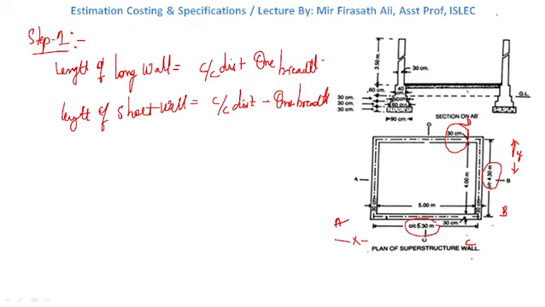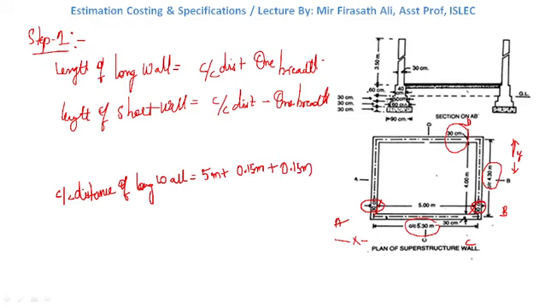How have we got the center to center distance of long wall? It is nothing but the inner to inner length. How much is the inner to inner length? 5 meters plus half the thickness of the wall, that is 0.15 meters, plus again half the breadth, 0.15 meters.